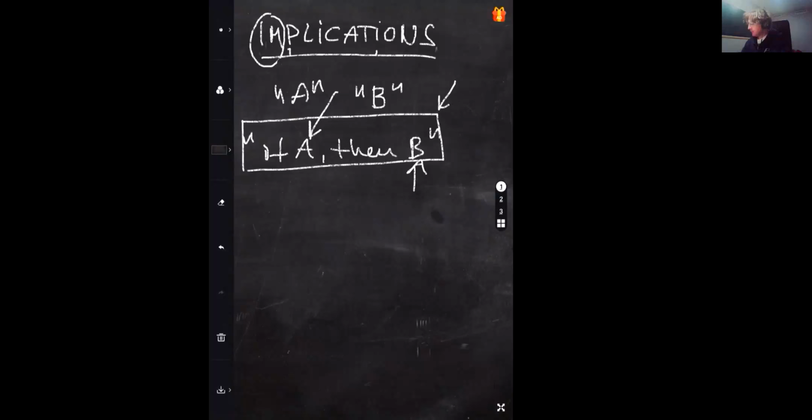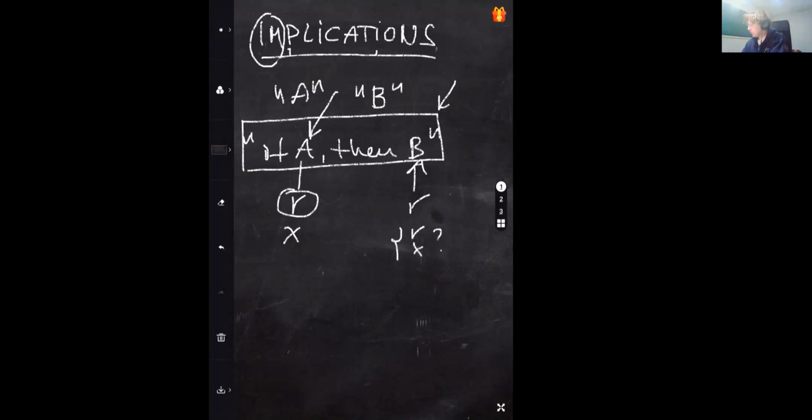So if A is true, then "if A then B" implies that B is true. But if A is false, then this statement does not tell you anything about B. Is it true or is it false? We don't know.